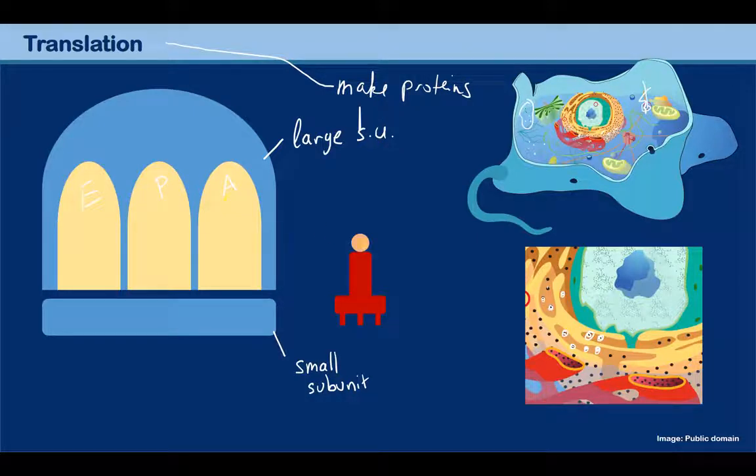What I have down here, this red thing, is a transfer RNA, a tRNA, the small t stands for transfer RNA. And this little circle here at the top is my amino acid. Amino acids are pretty important. Both together also have a name.